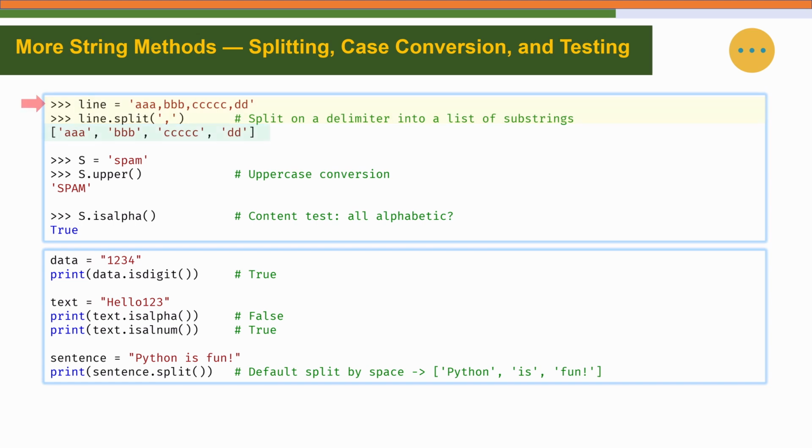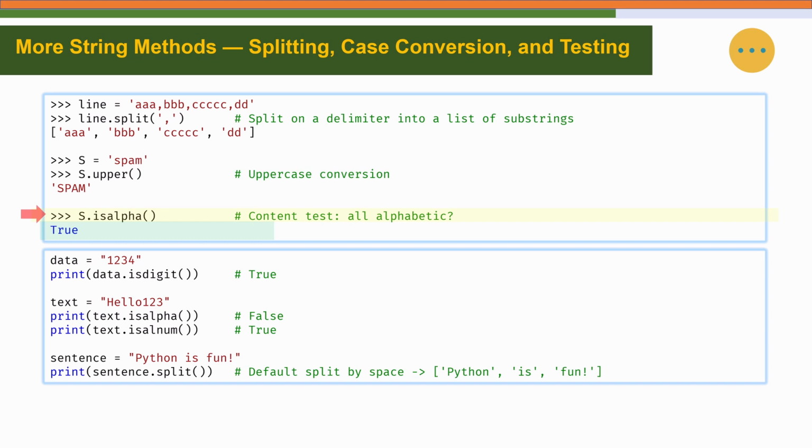Next is the upper function. Upper converts every character to uppercase, giving you all the string characters in uppercase. Similarly, lower would convert everything to lowercase. Now what if you want to test what kind of content your string holds? Python provides a family of Boolean test methods like isalpha, isdigit, isalnum. When we call isalpha, it checks whether every character in the string is a letter and returns true.